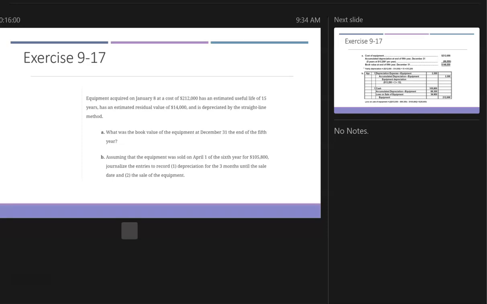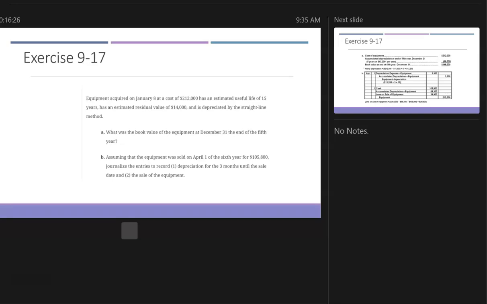Equipment acquired on January 8th at a cost of $212,000 has an estimated useful life of 15 years and a residual value of $14,000, and it's depreciated by the straight line method. What is the book value of the equipment at December 31st, the end of the 5th year?